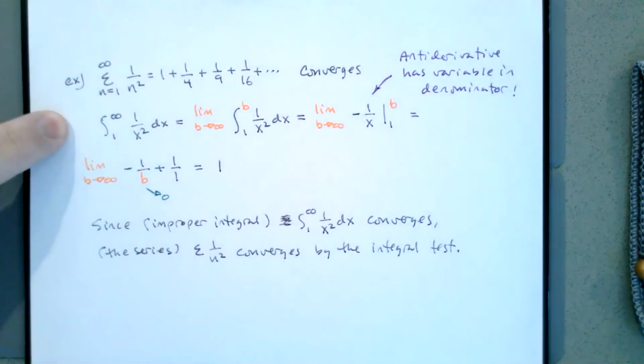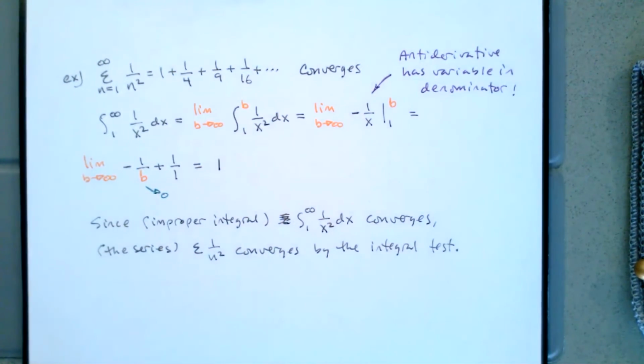Calculating the improper integral in the line above is just showing that this improper integral converges. That's showing our work. We would just say that since the integral from 1 to infinity of 1 over x squared dx converges, the series 1 over n squared converges by the integral test.